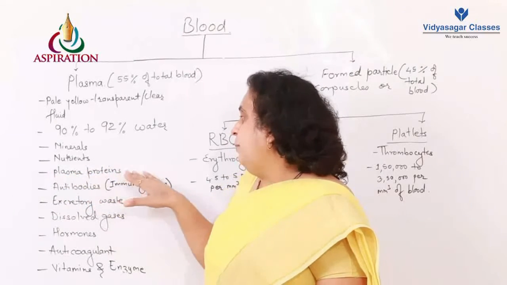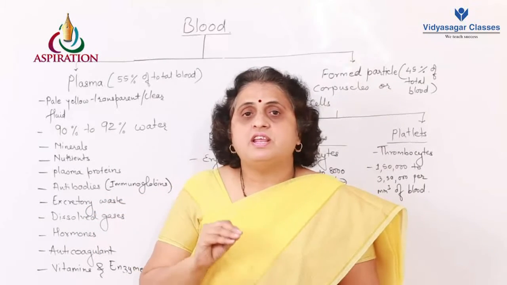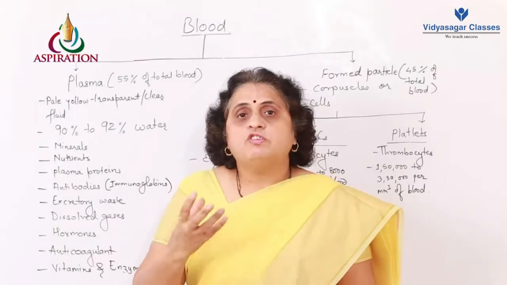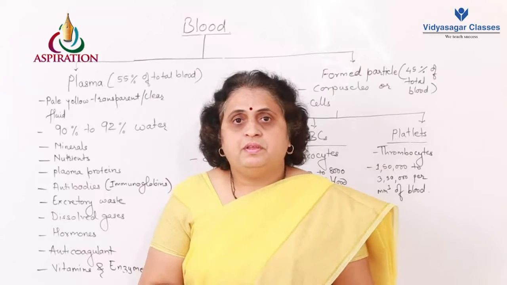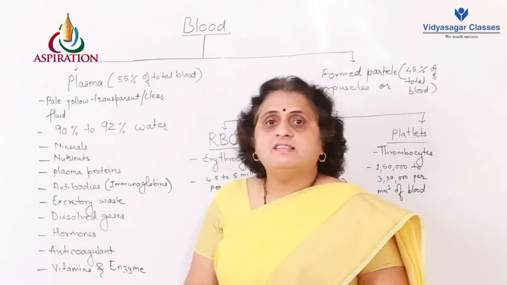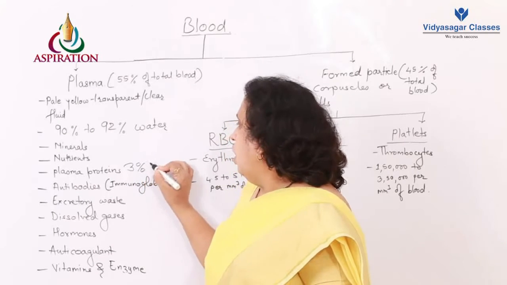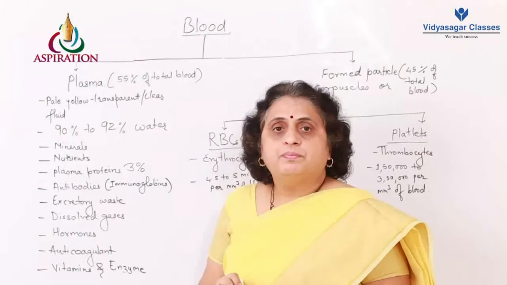Then we have plasma proteins. The plasma proteins are the basic proteins that we require for the viscosity of the plasma. Generally, they form the viscosity. The plasma proteins contribute 3% of the plasma.